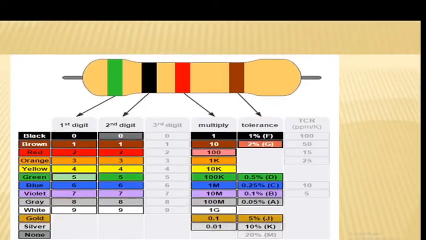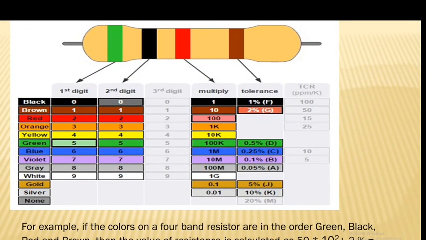We just see one diagram for the 4 color band. The first color band indicates the first digit, the second color band indicates the second digit, the third color band indicates the multiplier, and the fourth color band is the tolerance. For this color band, we just find the value of the resistor.